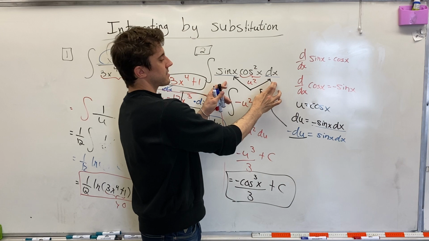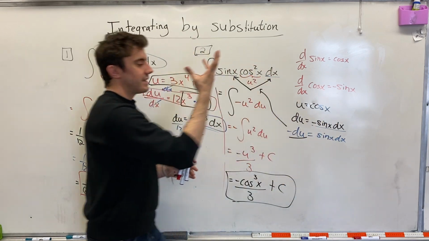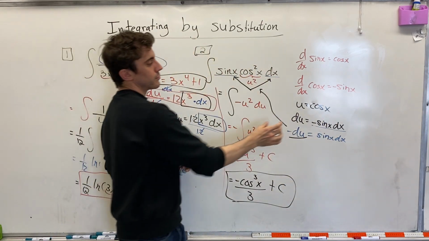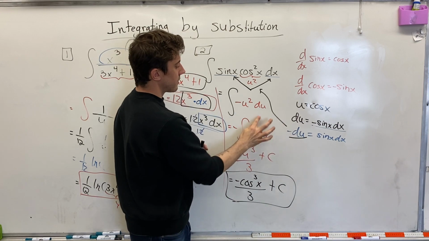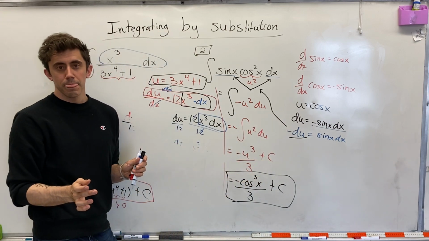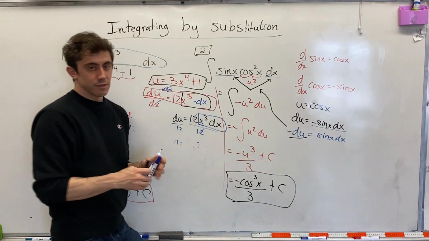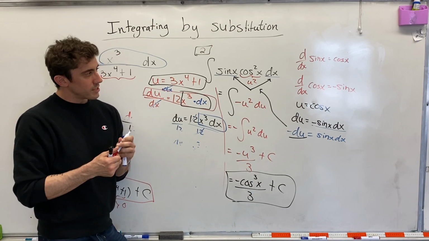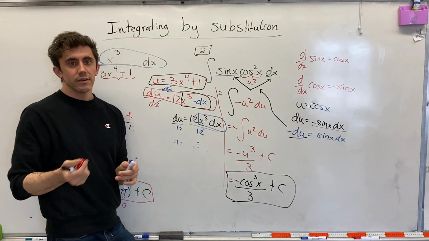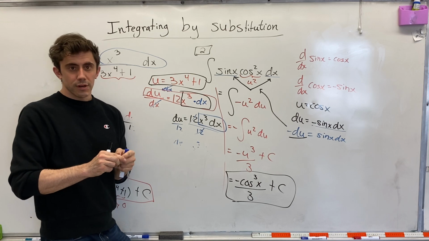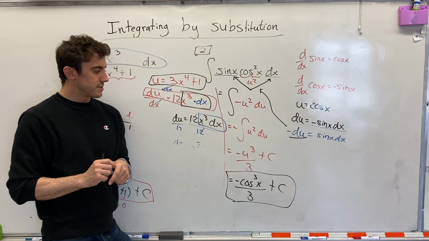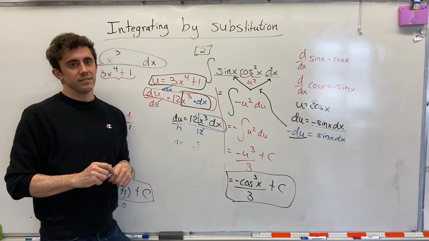The sine x dx kind of gets taken along for the ride through that differentiation process in our substitution of variables, okay? So again, try to go through as many practice questions as you can. You'll get a feel for which parts of the integrals are the best candidates to substitute for. And this becomes a really, really important technique in integration.